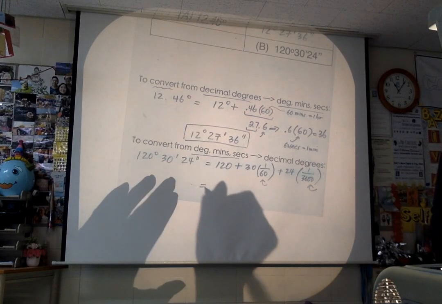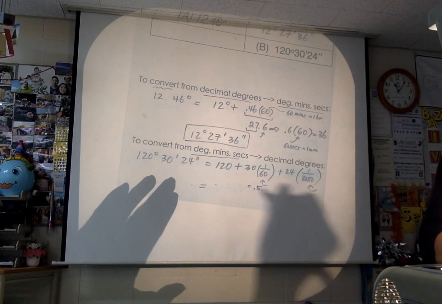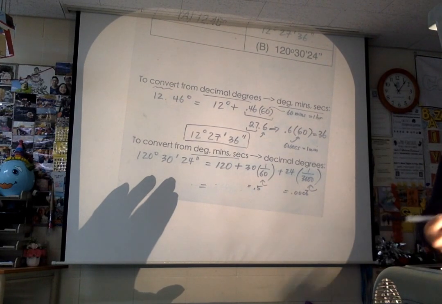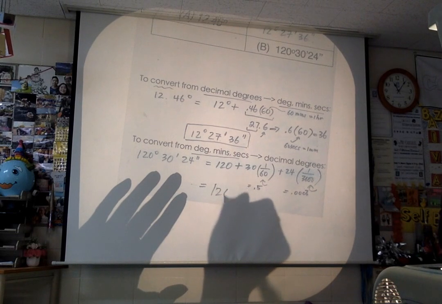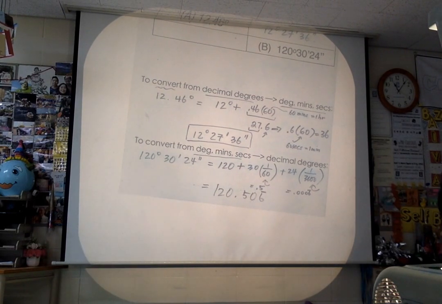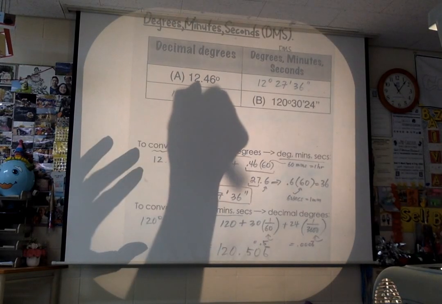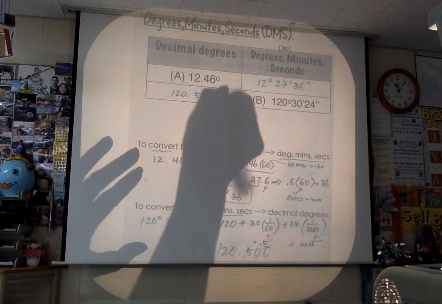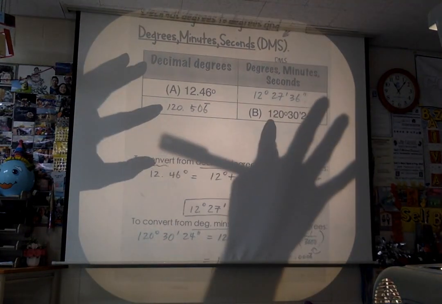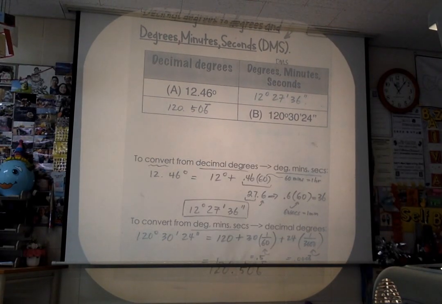So what do we get here? This is 0.5, and this calculates to 0.006 continuing. So we get 120.506 repeating. And that's going to be our decimal degrees for 120 degrees, 30 minutes, and 24 seconds.